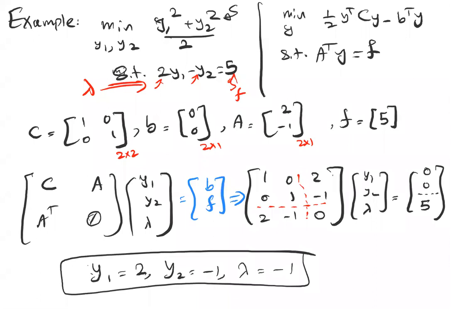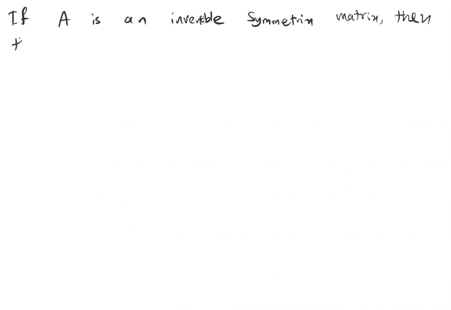So there is another representation for quadratic optimization problem, and this time we don't show the equality constraint. So let's define, if A is an invertible symmetric matrix, then the function f of x. Now we use A instead of C. We don't have any constraints.